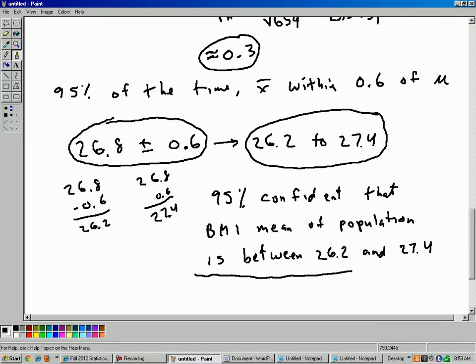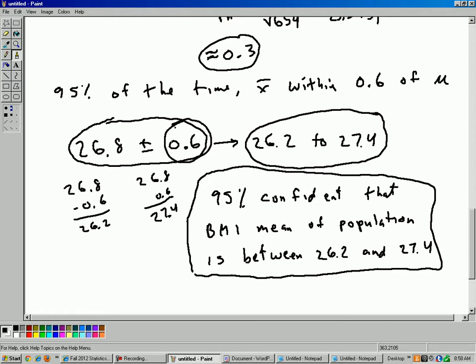Okay, there's our final conclusion. That is the whole idea of confidence intervals. And so this 0.6 is called a margin of error, right there. Let's write that here. Put an arrow, margin of error.